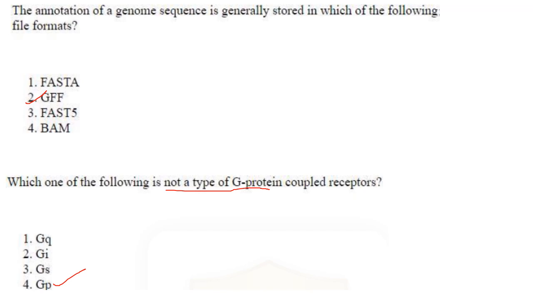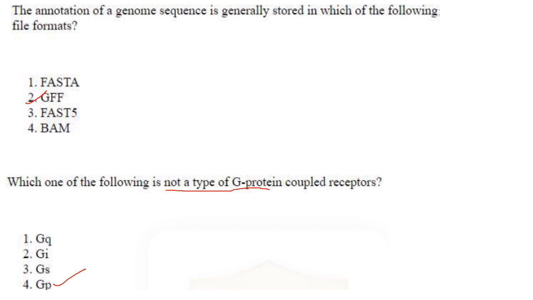Which of the following is not a type of G protein coupled receptor? So G proteins are classified into 4 families according to their alpha subunit, that is Gi, Gs, G12/13 and Gq. The Gs and Gi family regulate adenyl cyclase activity.